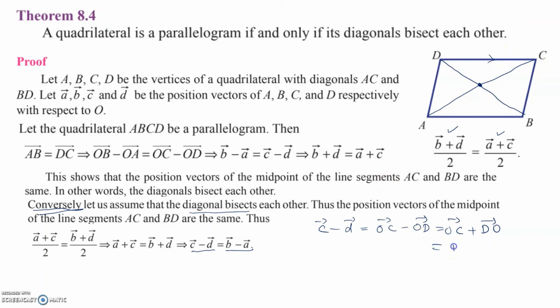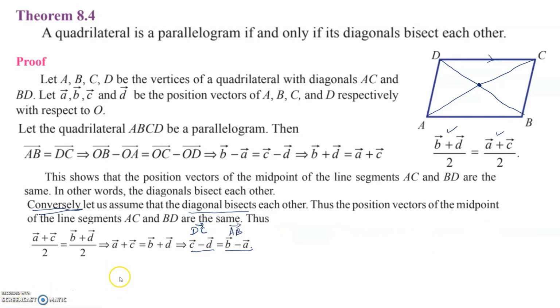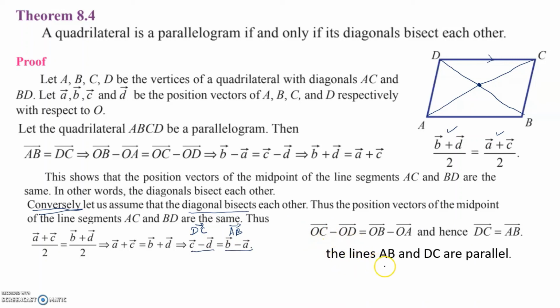So that's equal to vector DC. Similarly, we can prove that vector B minus A is equal to vector AB. So we see that vector AB and vector DC are equal. Since they're equal, we can say that the lines AB and DC are parallel.